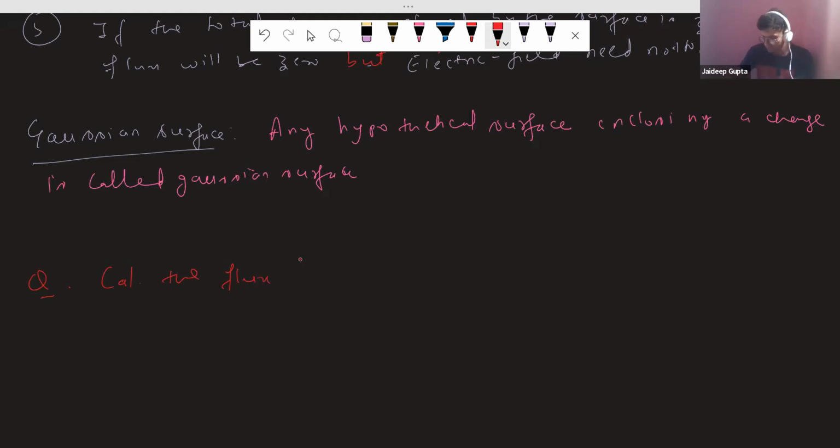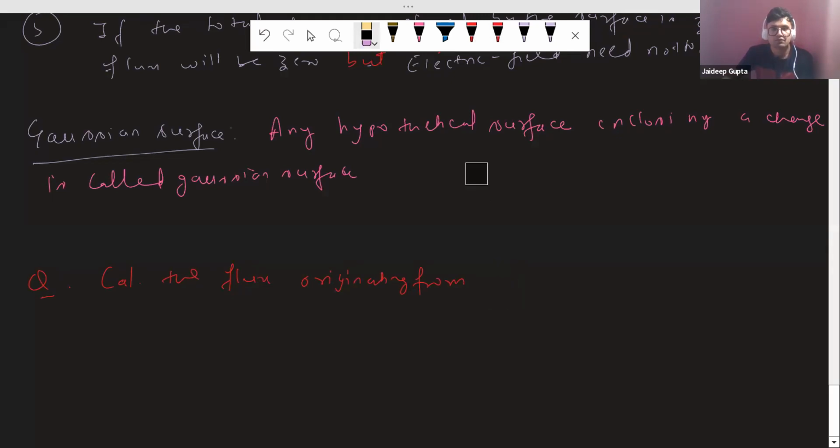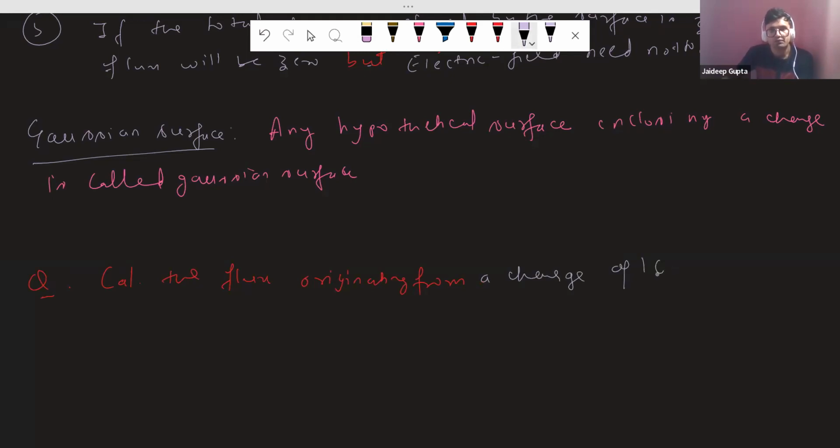So calculate the flux originating from a charge of 1 coulomb. Please, 1 minute. You have to apply the formula directly, you'll get the answer fast.